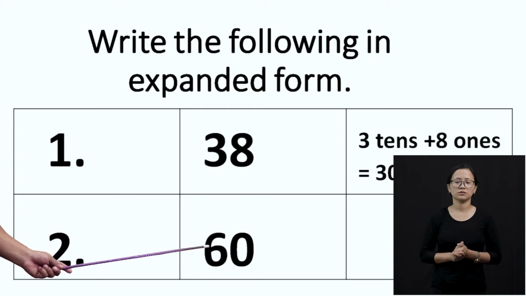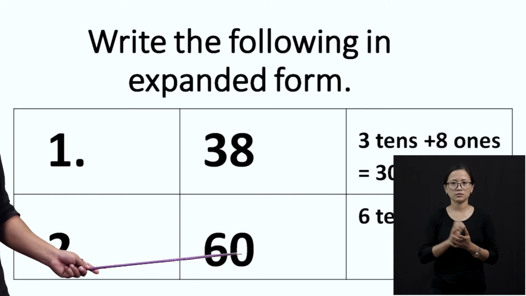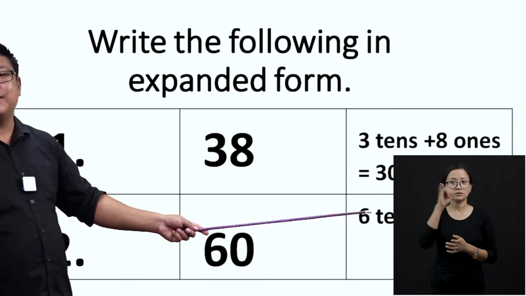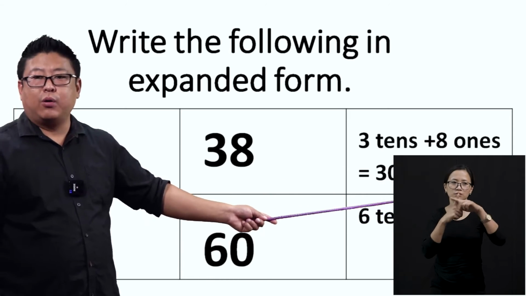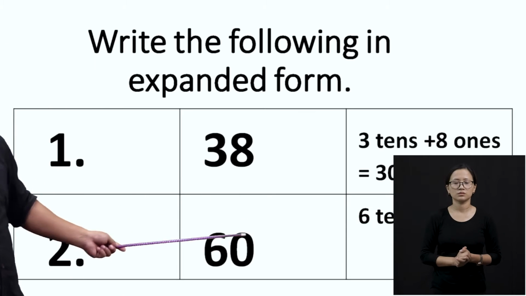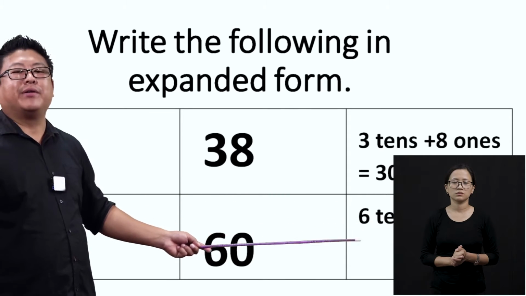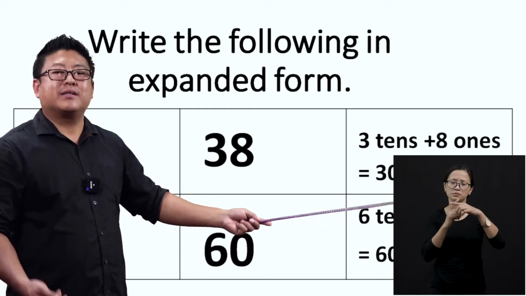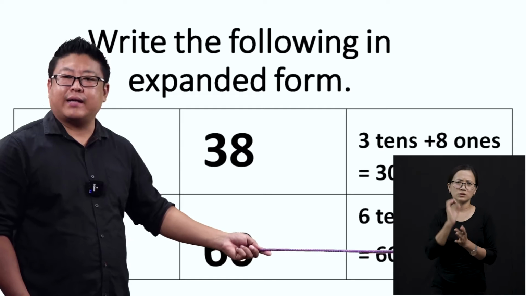So we can say that 6 tens plus 0 ones. This 6 tens can be written as 60, and 0 ones means it's simply 0, so we write it as 0.